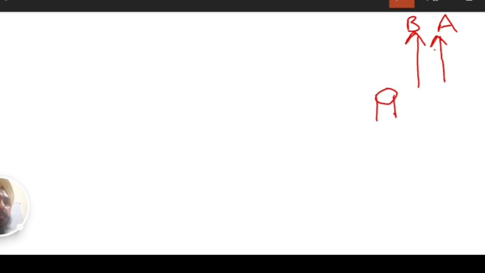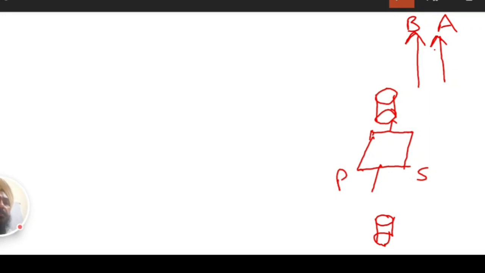So this was our top magnet and this was our lower magnet, and the coil is like this. Our P point and S point are here. So this is our coil. This is the axis.